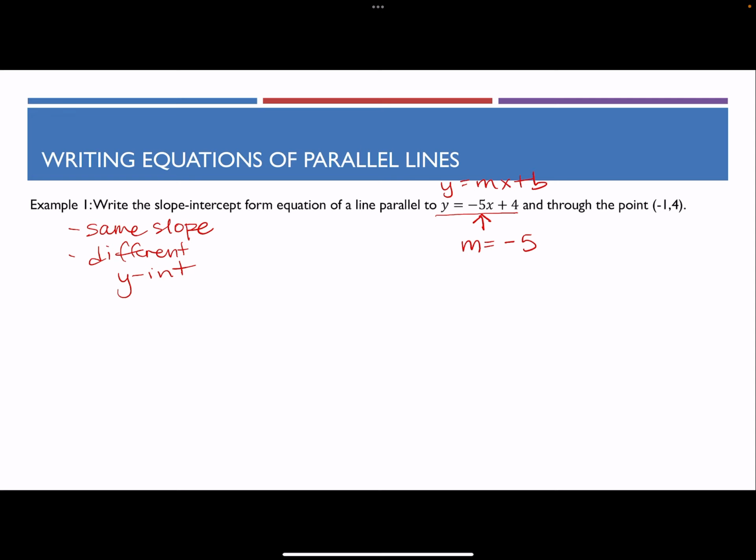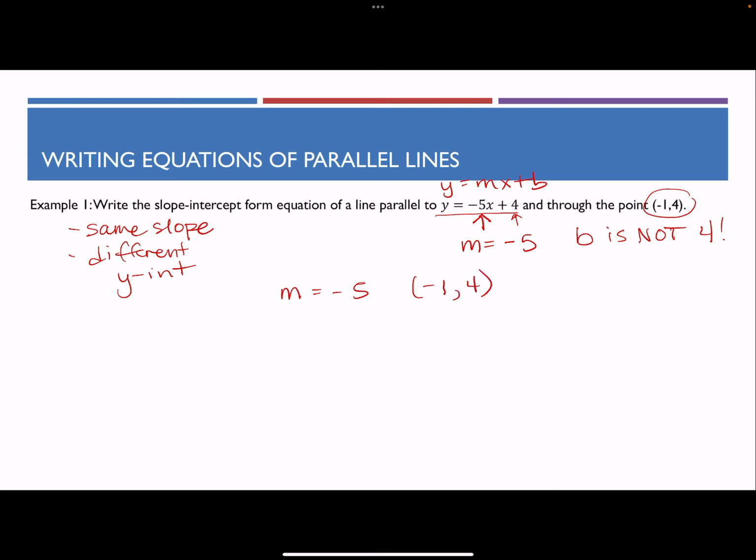But the y-intercept is not going to be 4, so b is not 4. It's going to be something different. And my new line has to go through this point, so the slope has to be -5 and it has to go through the point (-1, 4).